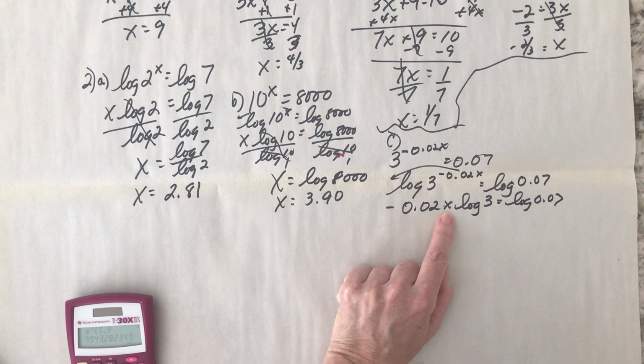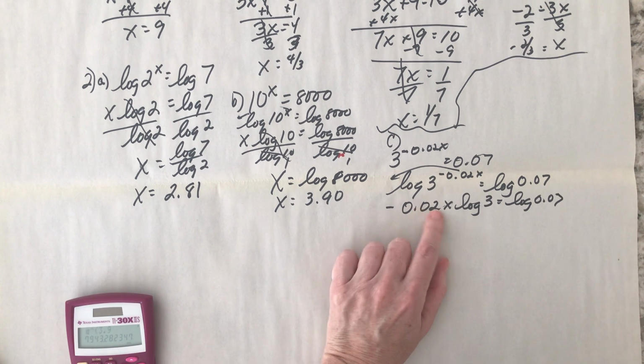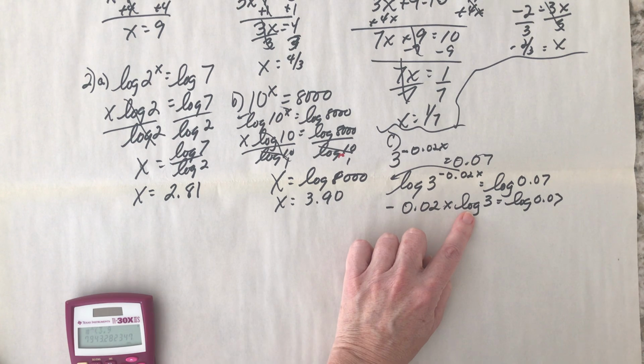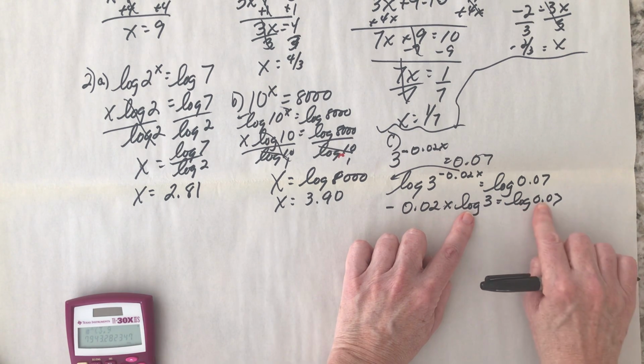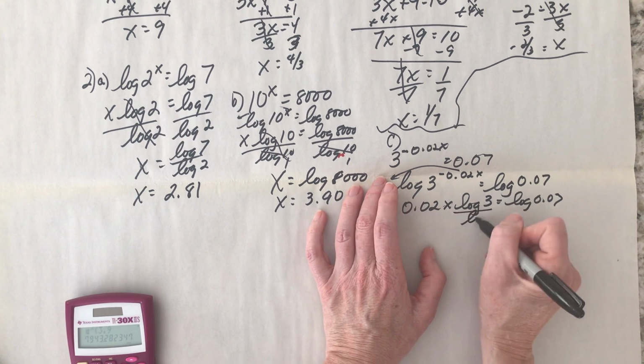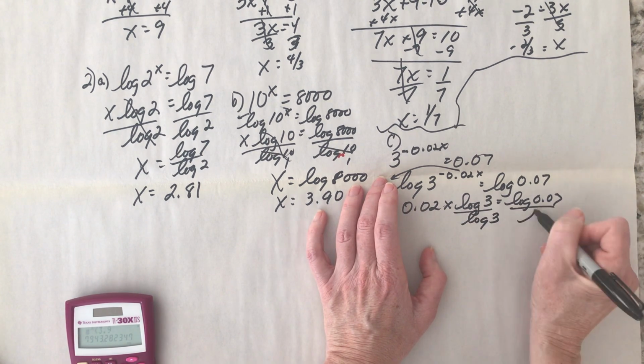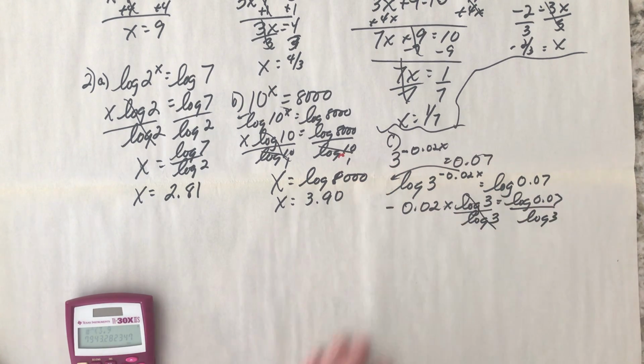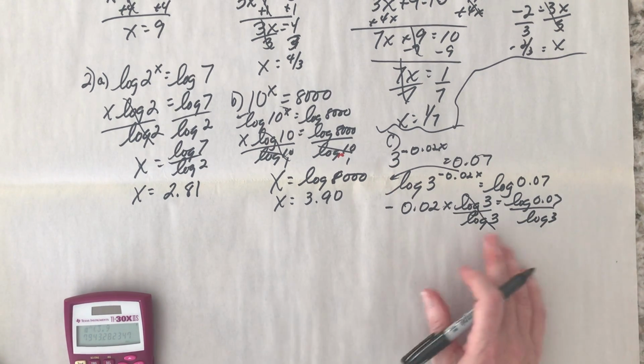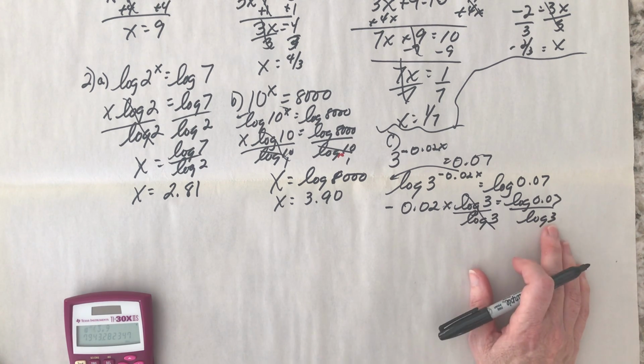You want to get x by itself. So we've got this guy times x times a log. We're able to divide by the log first and get out of the log business. Divide there. The logs go away there. We want to divide both sides by a common log of 3.